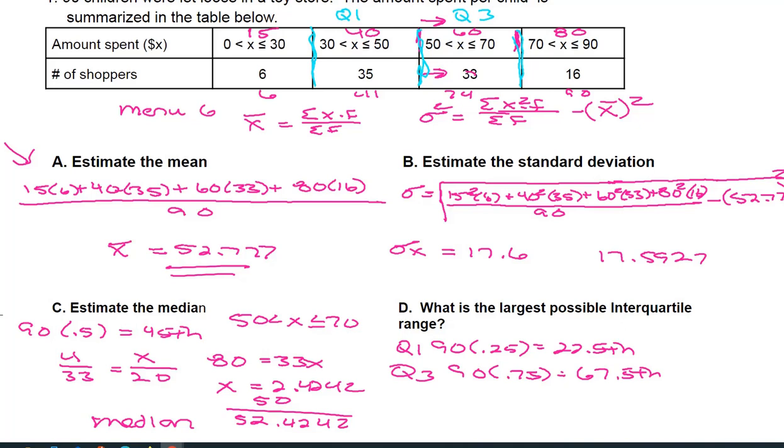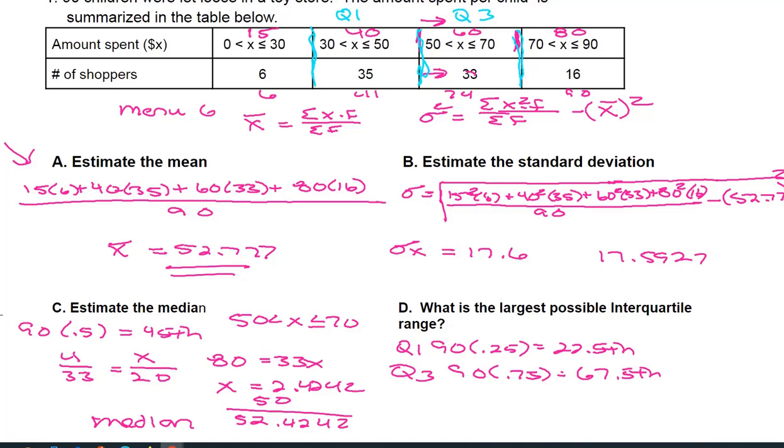Now, if they were to ask us to estimate it, then we would use the same procedure we used with the median. But they didn't ask us to estimate it. What they asked us was the largest possible interquartile range.